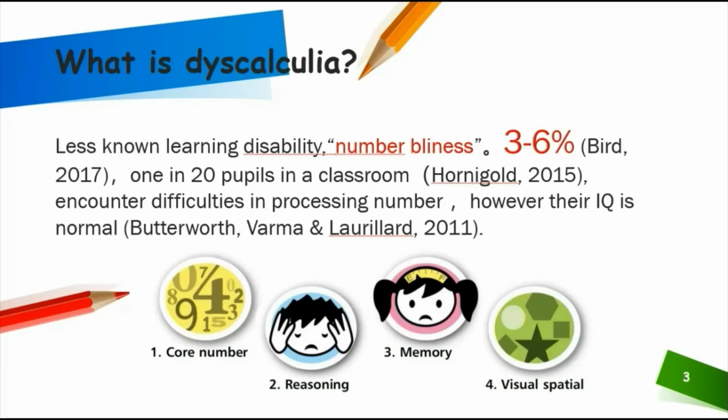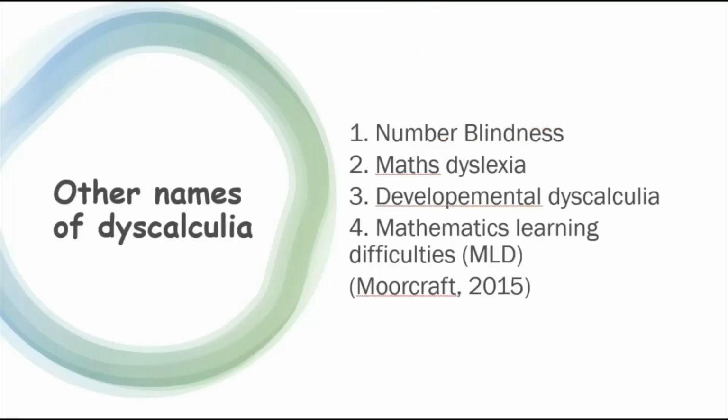So they will encounter difficulties in processing numbers and representing numbers. However, their IQ is normal compared with their peers. So other names of dyscalculia are number blindness, math dyslexia, developmental dyscalculia, or mathematics learning difficulties.